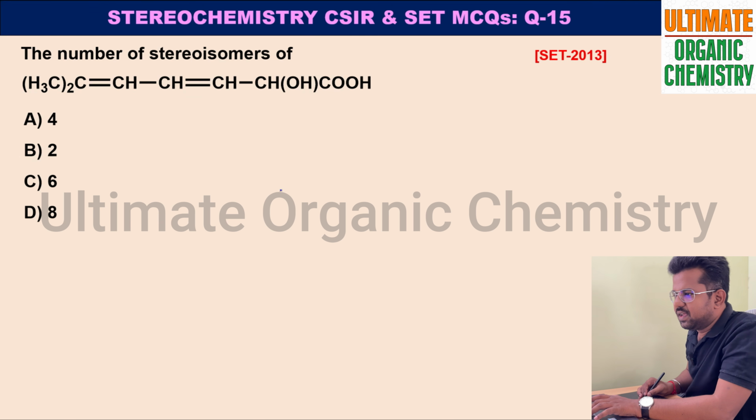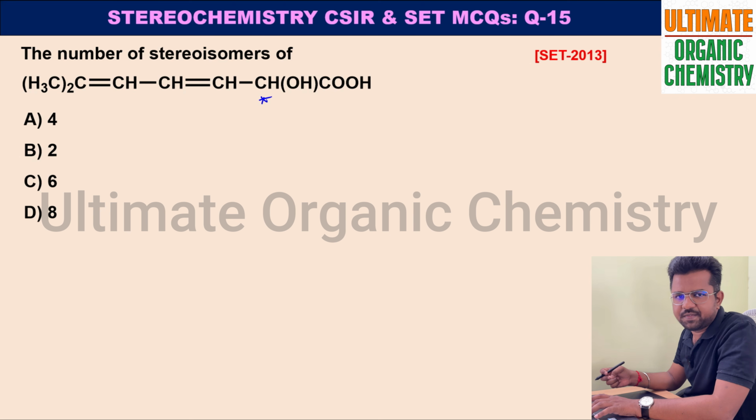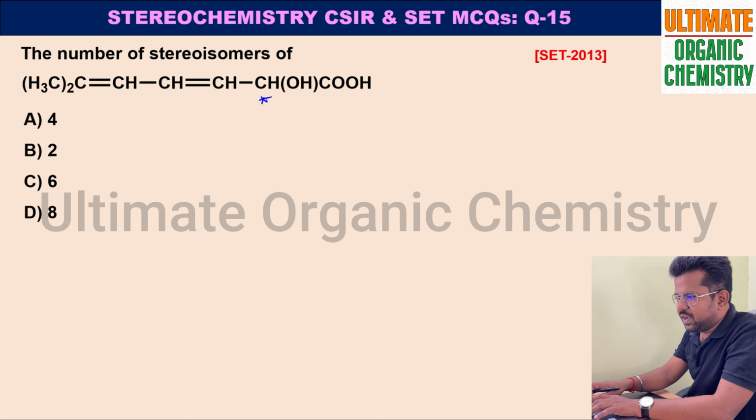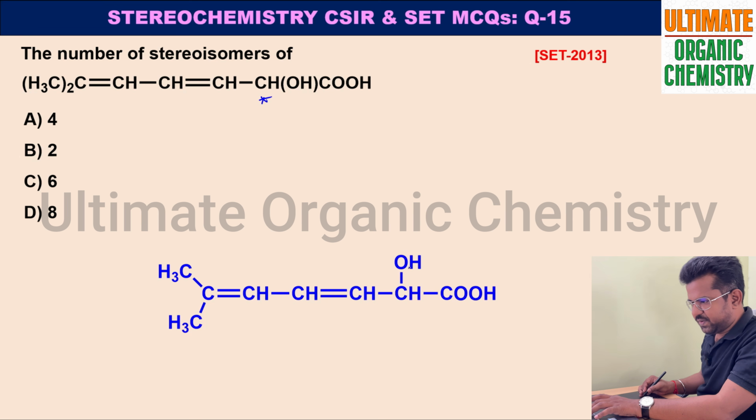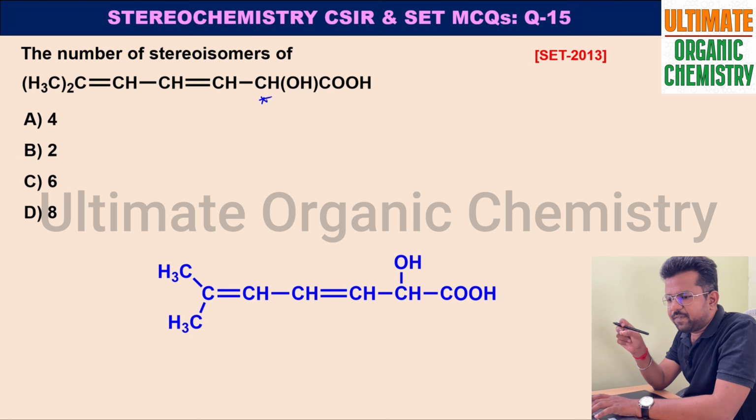Question number 50. The number of stereoisomers of a compound is asked, which has a double bond as well as a chiral center. And you need to find out the number of stereoisomers. So if you want to solve the question, you need to redraw the structure in this way. Because if you want to find out the number of stereoisomers, you need to consider both the chiral center as well as the double bond as stereo center.